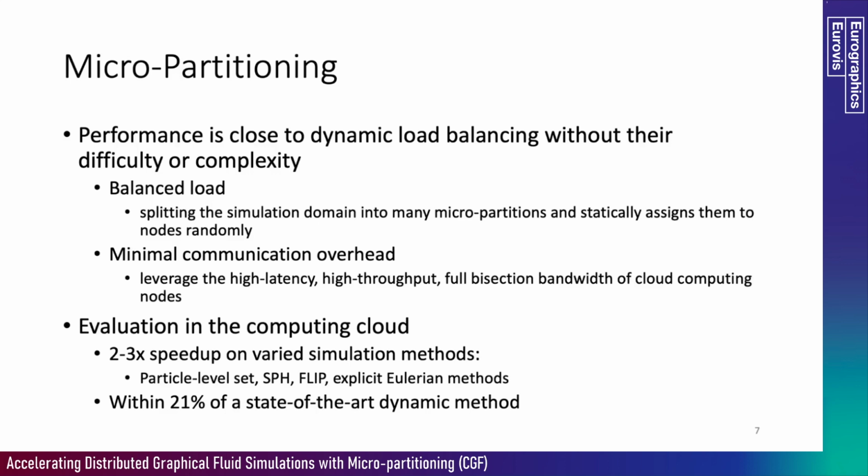It minimizes communication overhead by leveraging the performance characteristics of cloud computing networks. We evaluate the performance on 4 applications using different simulation methods. We show it gives 2 to 3x speed up over a naive partitioning strategy. It is reasonably fast compared to state-of-the-art dynamic load balancing algorithms.